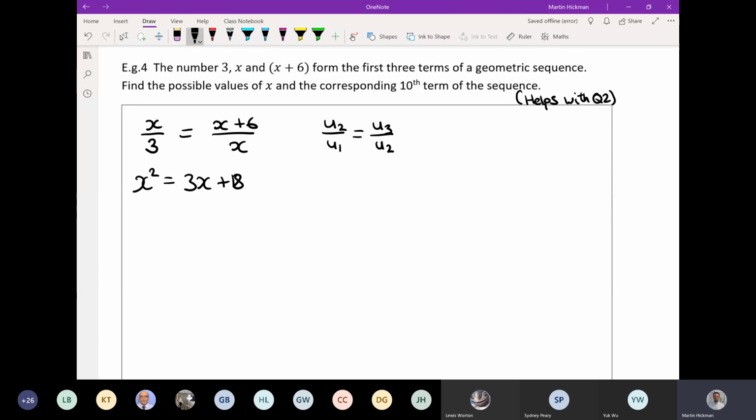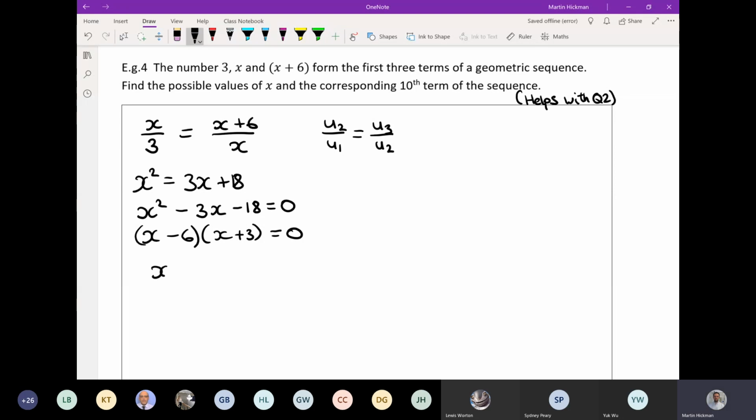And hopefully now we can see that if we rearrange, we're going to get a quadratic here. And then we just simply solve the quadratic. So this one will be nice and easy to factorize.